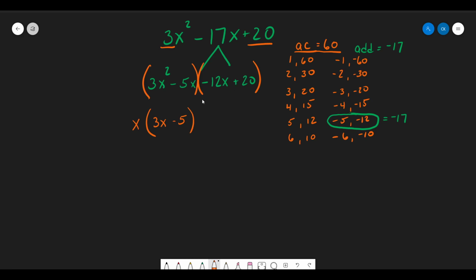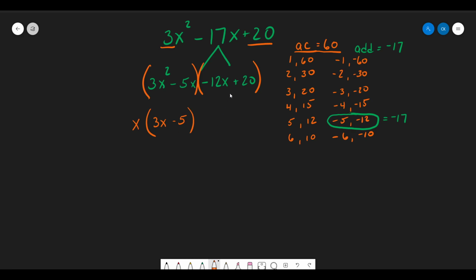Now in the second grouping, remember what I said. If you have the first coefficient being negative, you should probably factor out a negative number. So because this is negative 12, I'm going to factor out the negative GCF of 12 and 20. The GCF of 12 and 20 is going to be 4, so I'm going to factor out a negative 4.